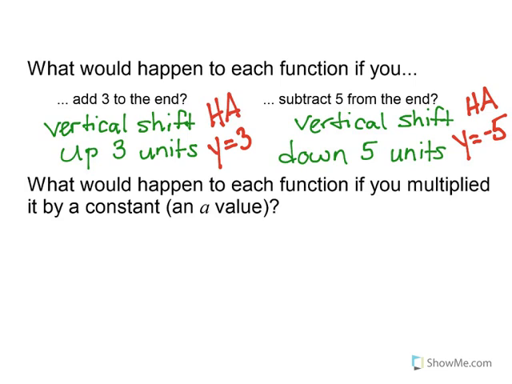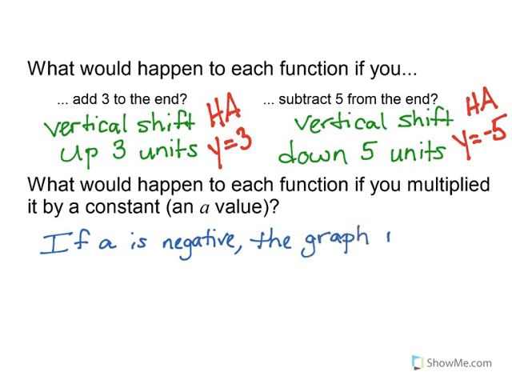So we already know what happens if a is negative, so let's formally write that down. So if a is negative, the graph reflects over the horizontal asymptote.